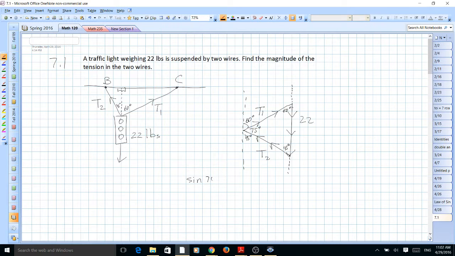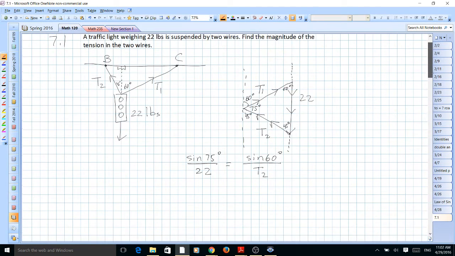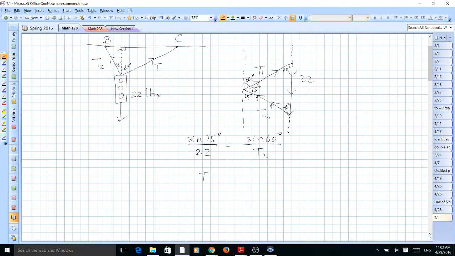So sine of 75 degrees divided by 22 is equal to, and then pick an angle, any angle, sine of 60 divided by its opposite, so I have the T2. My T2 is equal to 22 times sine of 60 degrees divided by sine of 75 degrees.